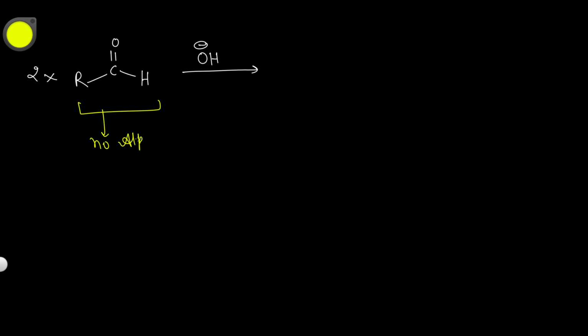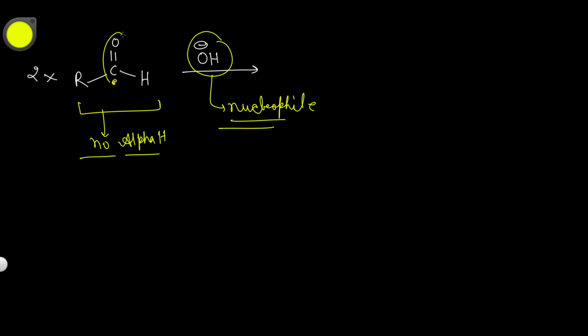If there were an alpha H, it would be more acidic, and this OH minus would work as a base, and the acid-base reaction would happen first. But here we have no alpha H, so this OH minus will work as a nucleophile at this carbonyl center.